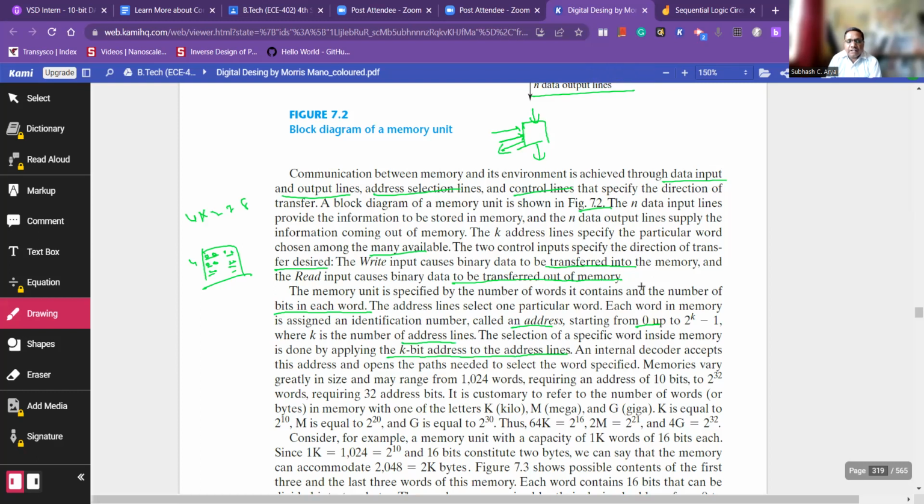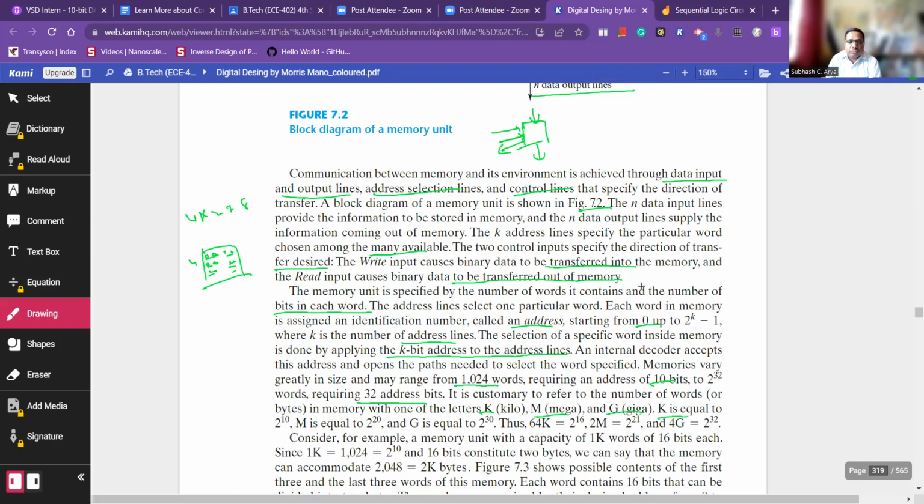Memories vary greatly in size and may range from 1024 words, that is 1K, requiring an address of 10 bits, up to 2 to the power 32 words requiring 32 address bits. It is customary to refer to the number of words or bytes in the memory with one of the letters K (kilo), M (mega), G (giga).